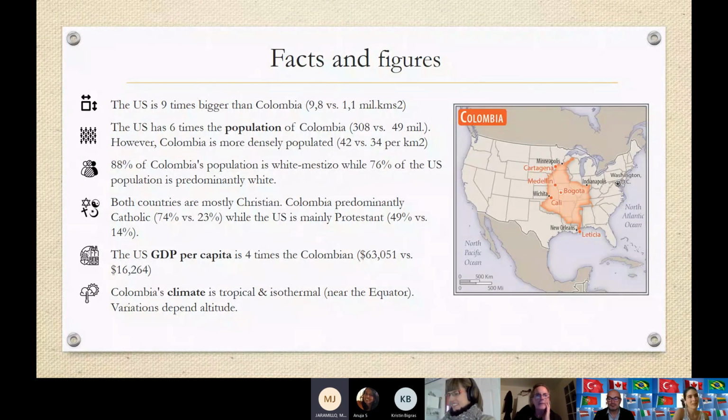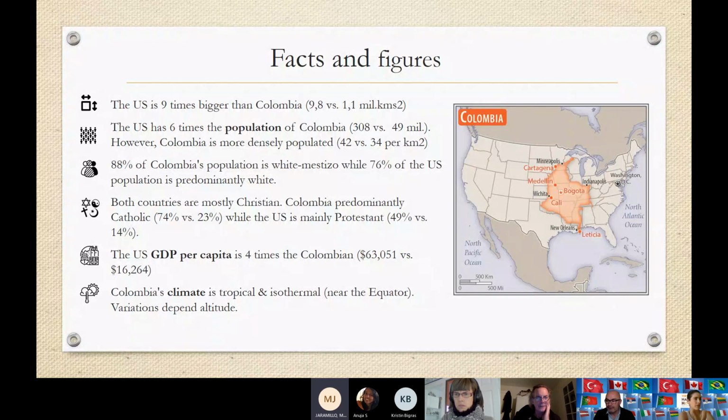So I was just presenting some facts and figures so we understand a little bit the differences between Colombia and the US. And later on, I will just talk about my experience, because if you ask every Colombian living in the US, every Colombian is going to tell you a different story according to their personal experience. So I can only share mine, and this is what I'm going to do. But facts and figures are universal.